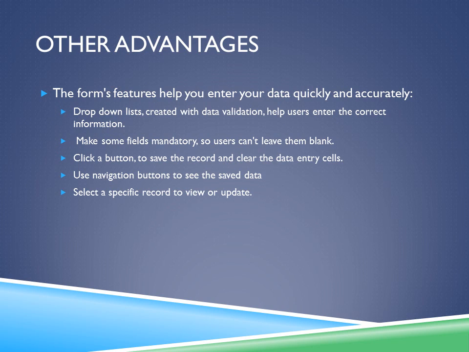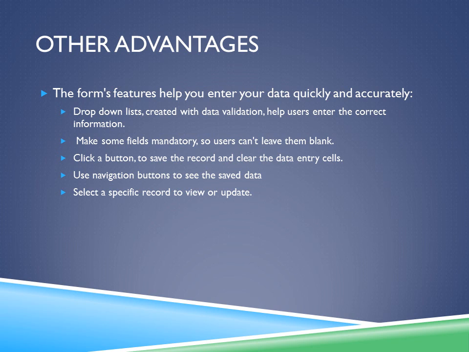So, other advantages of forms. With this Excel data entry form, you can enter or update different records on the data entry worksheet, which is named input. The form's features help you enter your data quickly and accurately, and some of the advantages include drop-down lists created with data validation, which help users to enter the correct information into their forms.